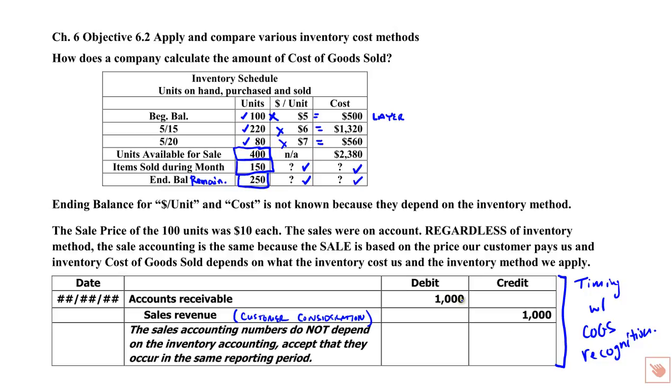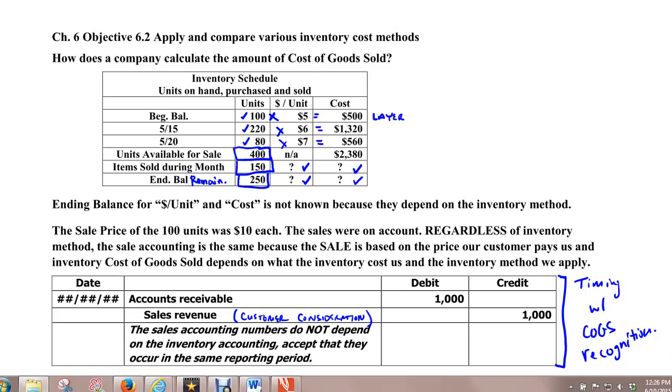Okay, so just keep in mind the sales entry is going to be the sales entry. The only thing we're going to want to do is look at the sales entry and see how many units we sold during that period, and we'll take that information over to our inventory costing method, which we'll do in the next video.